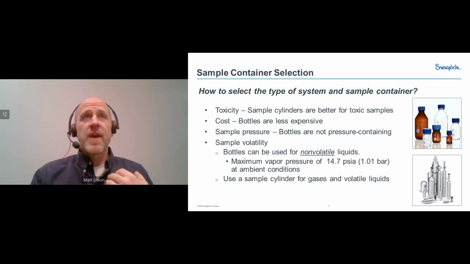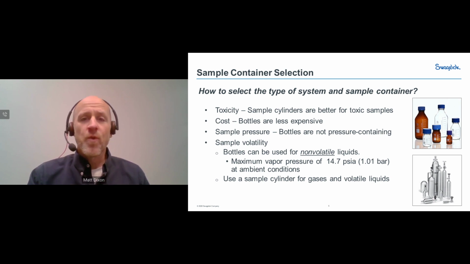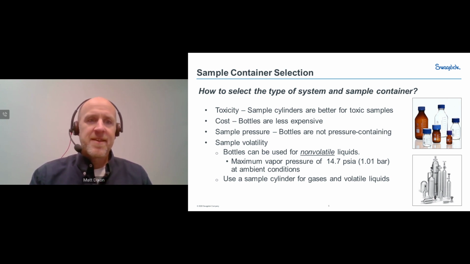So for that situation, a bottle is really the choice for a liquid, unless the toxicity or something else like the sample volatility really drives us to use a sample cylinder. Now, with a viscous sample, we generally don't have to worry about the volatility. So really, toxicity is the only thing that might even give us pause to think about some additional containment beyond just a simple sample bottle.